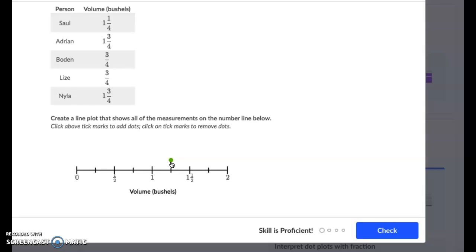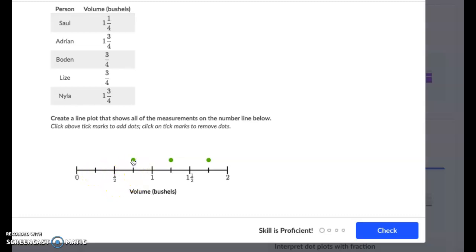So there is Saul's dot. Adrian's dot is going to be at 1 3/4. Here's 1, 1 1/4, 1 2/4, 1 3/4. So there's Adrian's dot. Bowden is going to be at 3/4. So we can't start at 1, we've got to start at 0. 1/4, 2/4, 3/4.